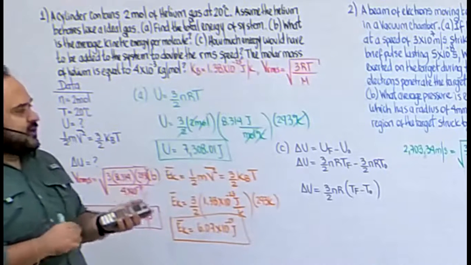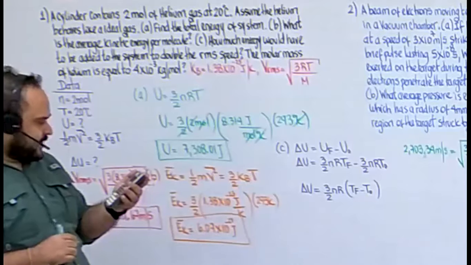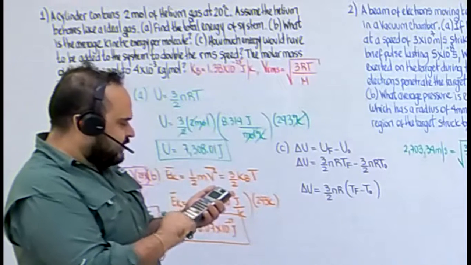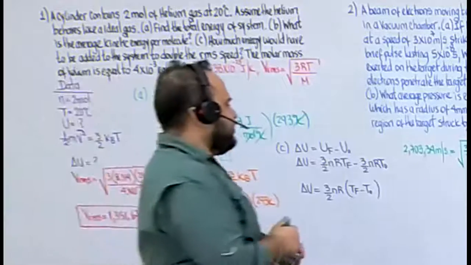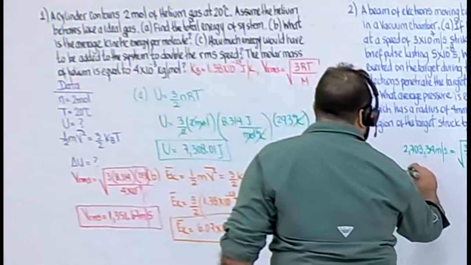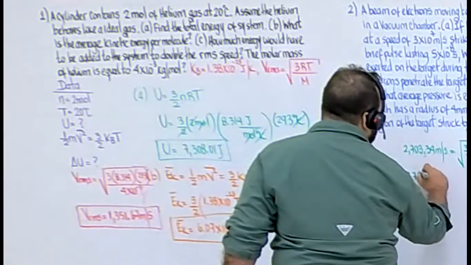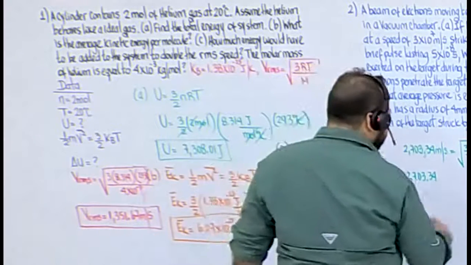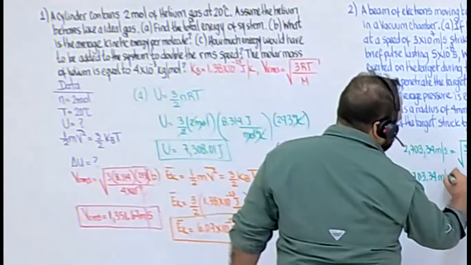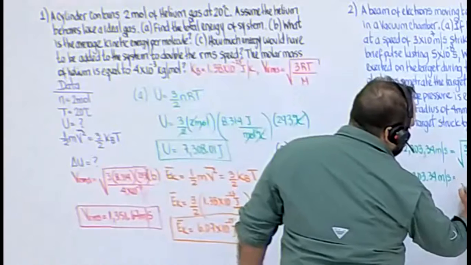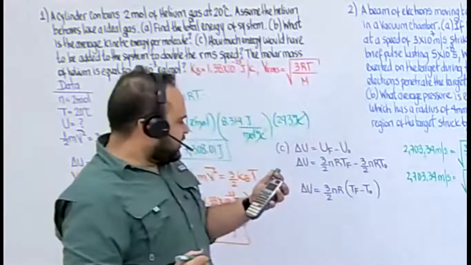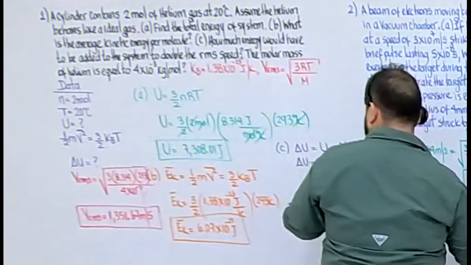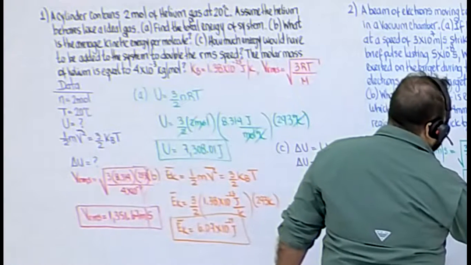What we have to do is simplify that expression. We have 3 times 8.314, divided by 4 times 10 to the negative third power, and this result is 6,235.5. So 2,703.34 meters per second equals the square root of that times the final temperature.